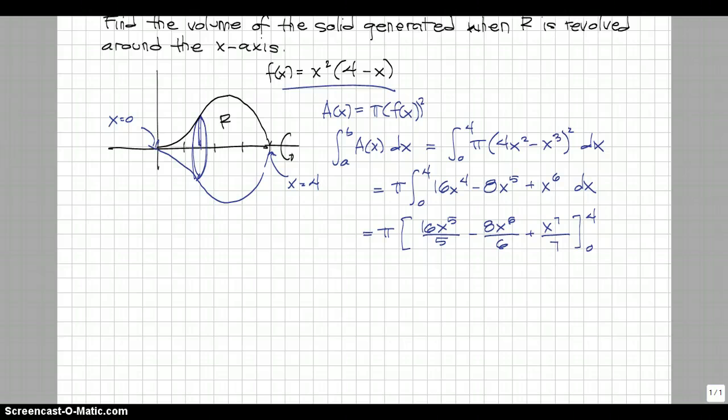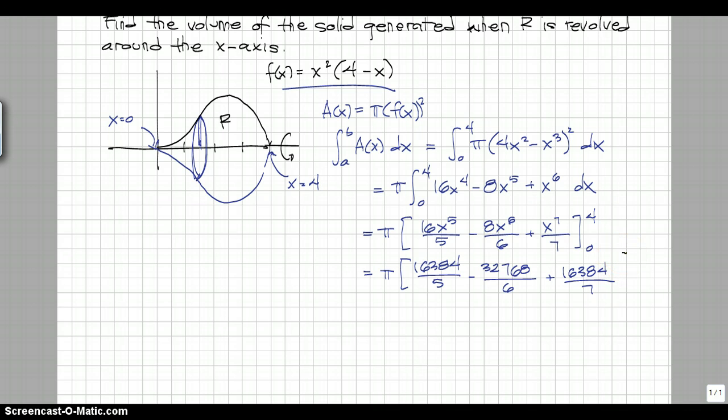Obviously, these are pretty huge values, so I've used a calculator to find out 16x to the 5th is 16,384 over 5. Then we have 32,768 over 6 and 16,384 over 7.